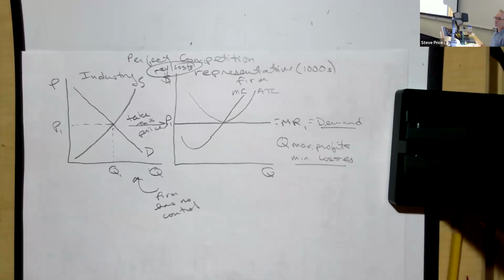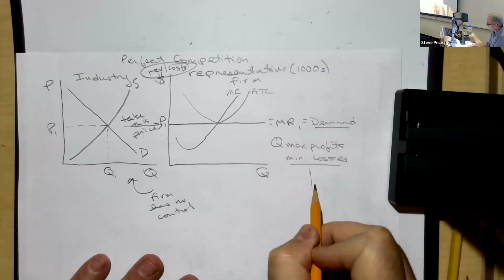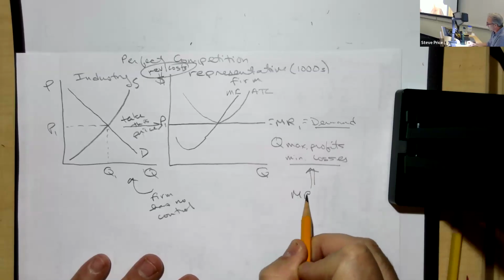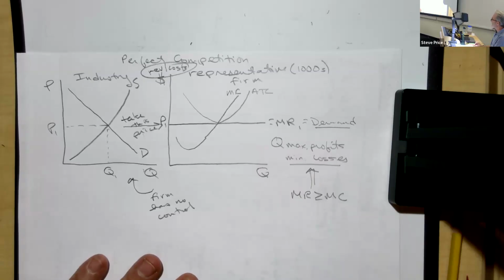And losing money doesn't necessarily mean you leave the industry. How do we get this? This comes from equalizing marginal revenue with marginal cost. Where these two meet, you're going to see this mathematically, you will always find the place where they're earning the most revenue at the least possible cost, so they have the highest possible profits.